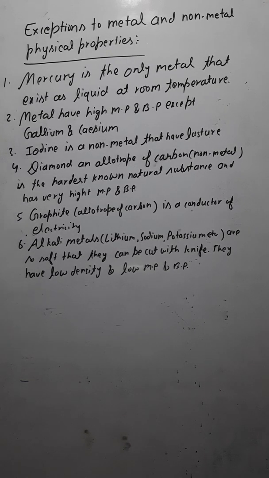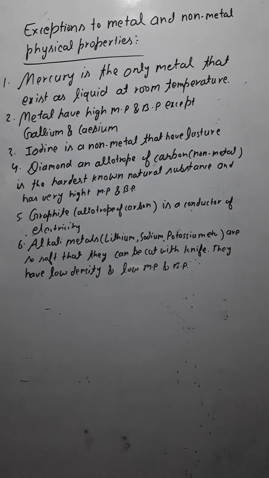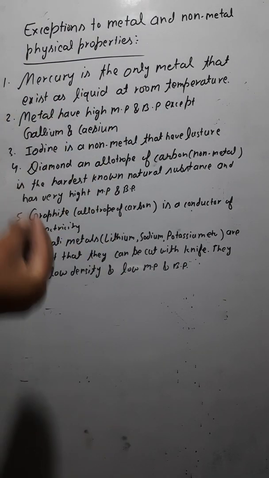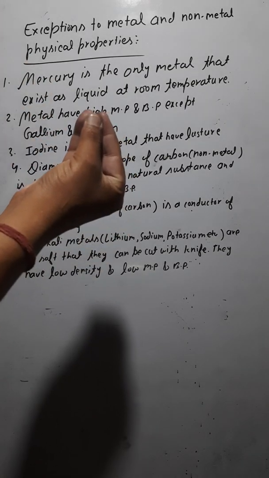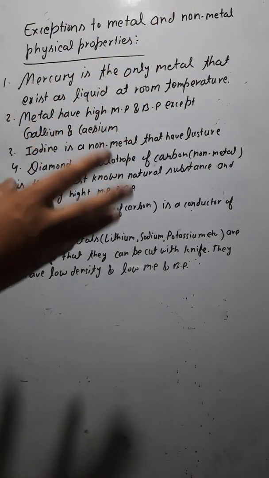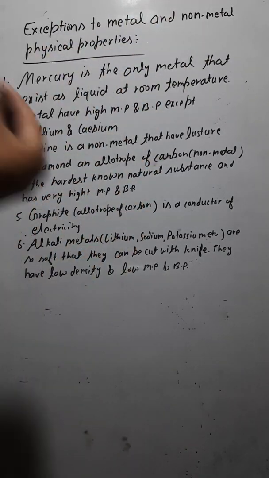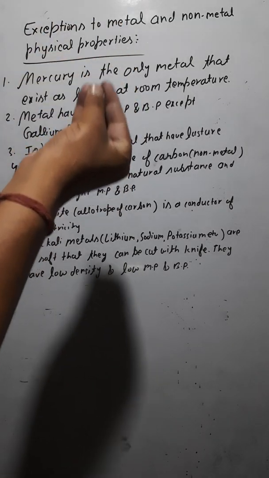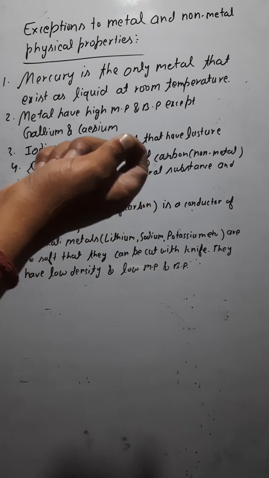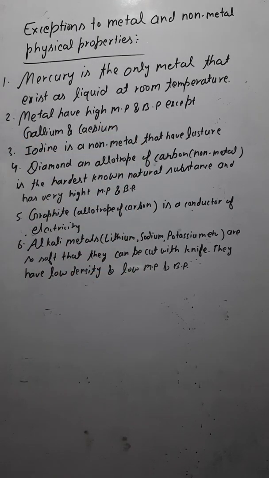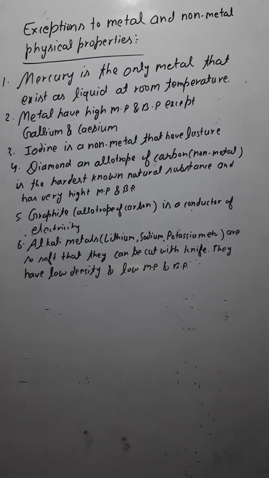And from here now we can conclude that only on the basis of physical properties you cannot identify whether a given substance is metal or not. Suppose I am giving you a substance. So only on the basis of the physical properties you cannot say whether the given substance is metal or non-metal. So how would you say that the given substance is metal or non-metal? A substance is metal if it is electropositive in nature. That you have to remember.